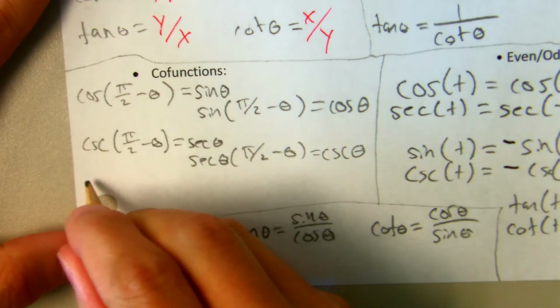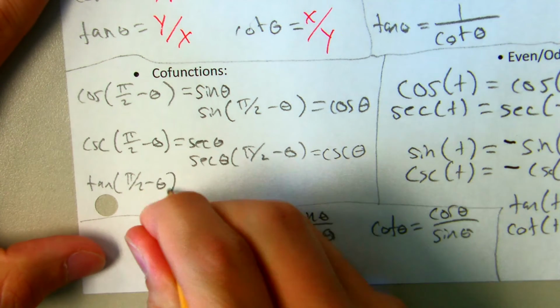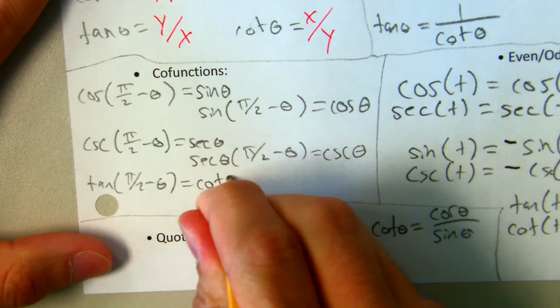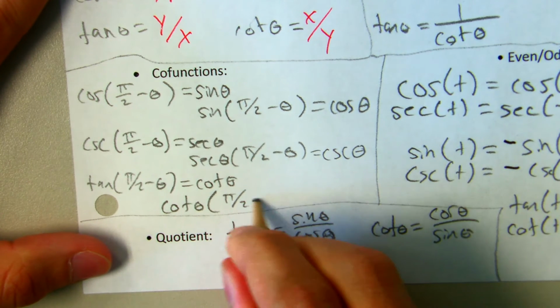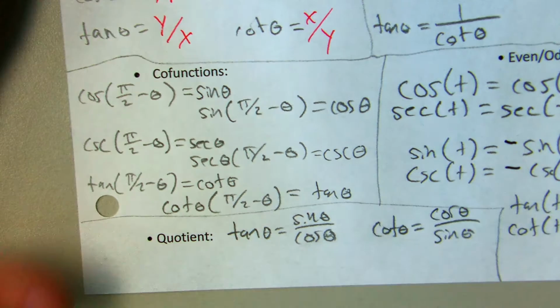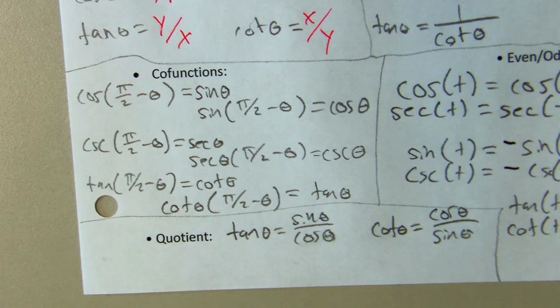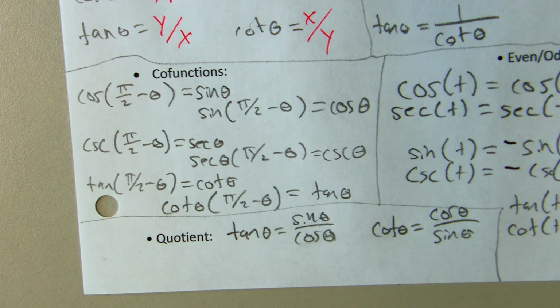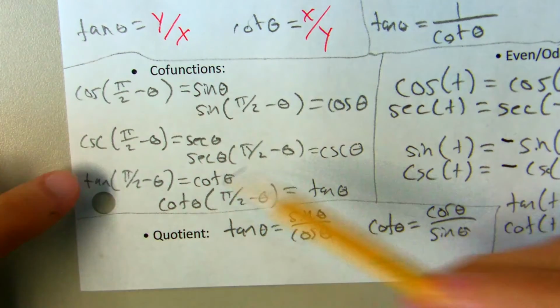This then leaves us tangent and cotangent as cofunctions. So I'm not trying to get you hung up on how big the formula is, just that they all look the same. These get paired up, these get paired up, and these get paired up.